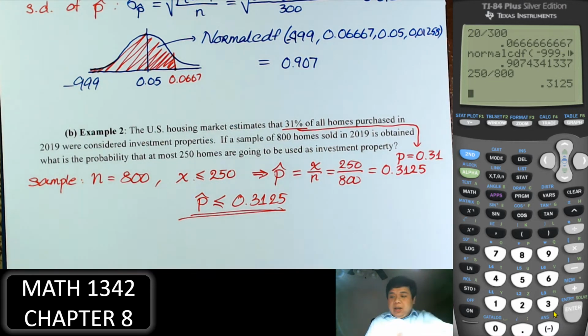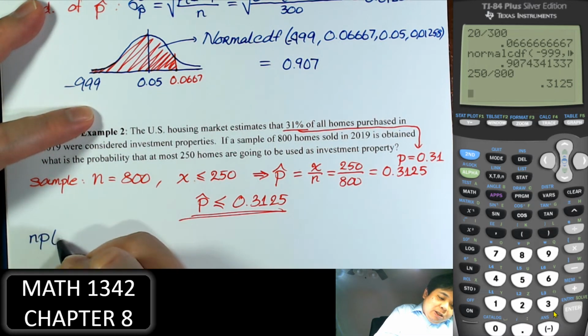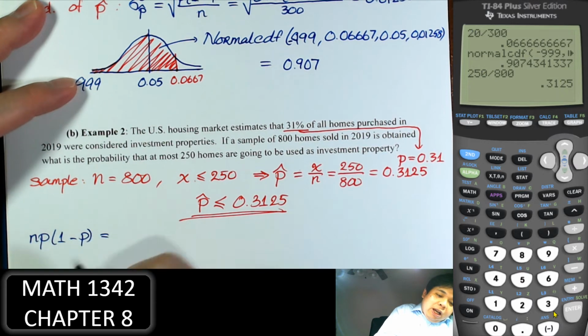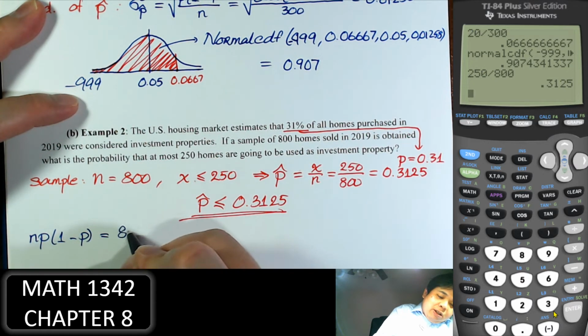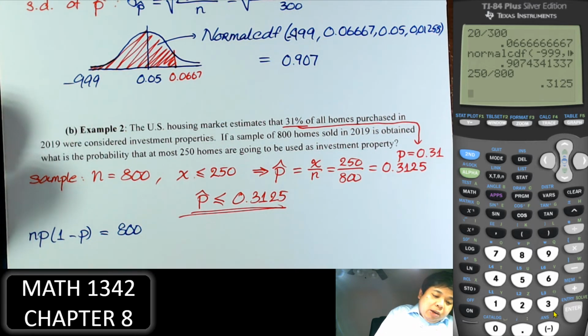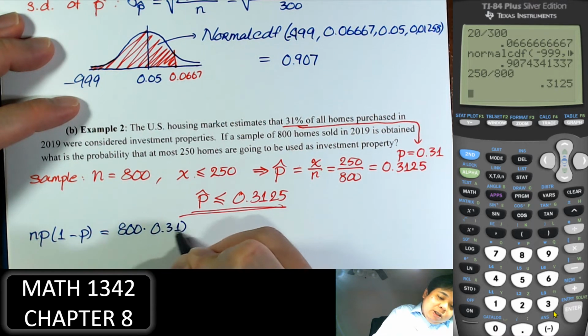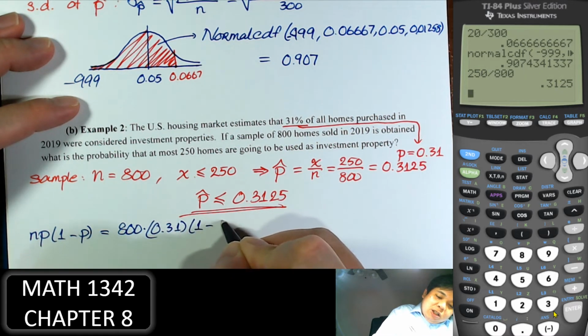Now first we need to check to make sure that it is normally or approximately normal. So n p times 1 minus p, n is 800, p is 0.31, and 1 minus 0.31.